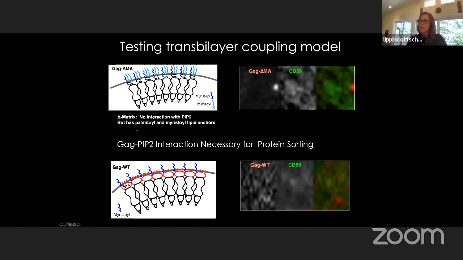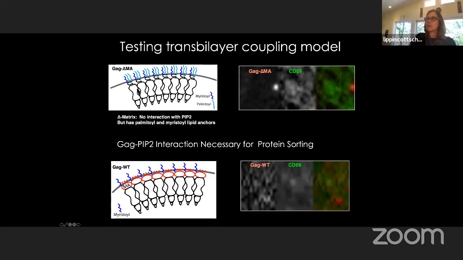So here's the molecule we created. It's a GAG that doesn't have the MA domain. Instead, we've replaced this portion of GAG with a sequence that allows myristoyl and palmitoyl to be added to GAG. And through the myristoyl and palmitoyl groups, the GAG is able to bind to membranes.